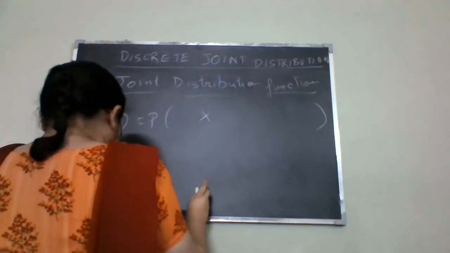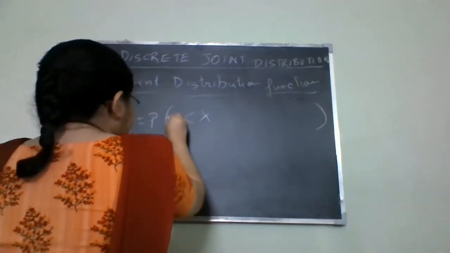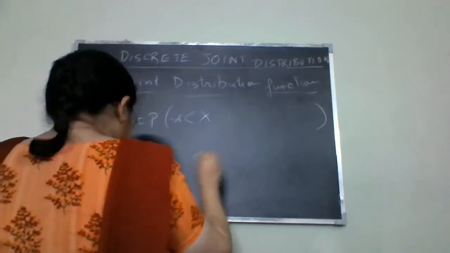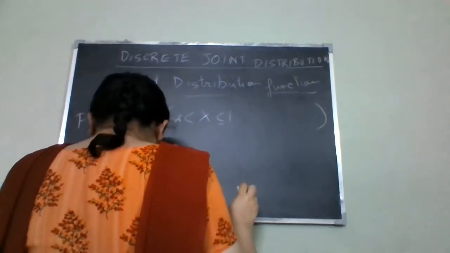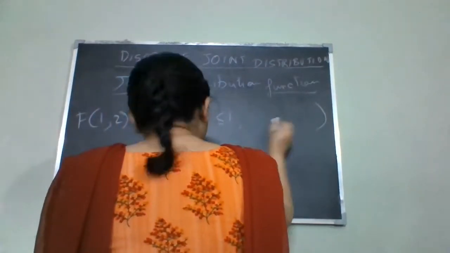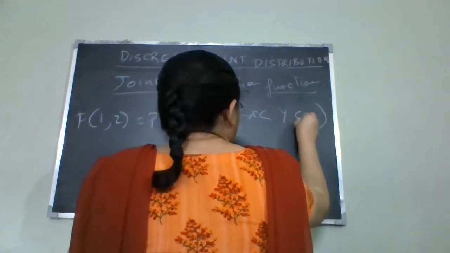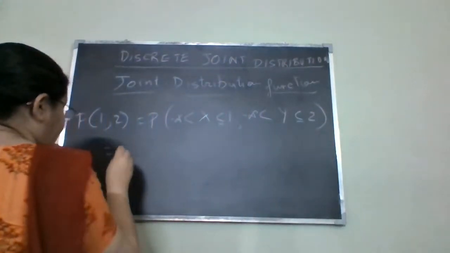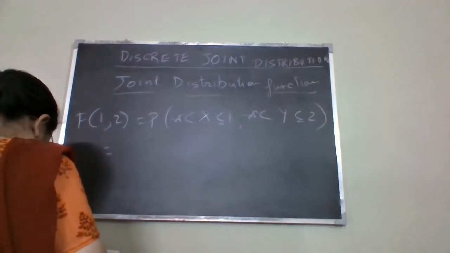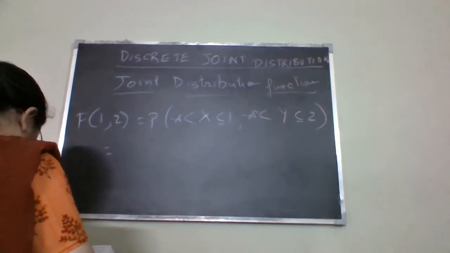Capital X is greater than minus infinity, and it is less than or equal to 1, this is the value of small x, and over here Y's value is minus infinity to 2. So what are the values we can have over here? So X value has to be at most 1 and Y's value has to be at most 2.